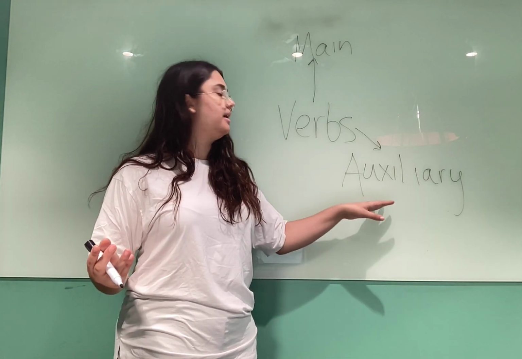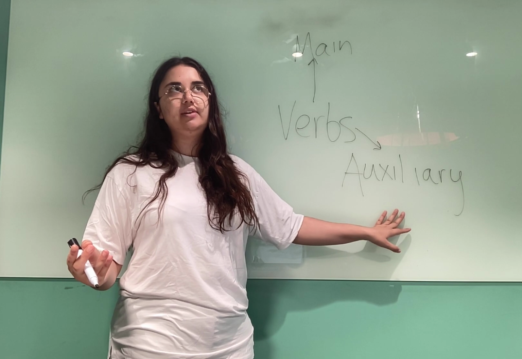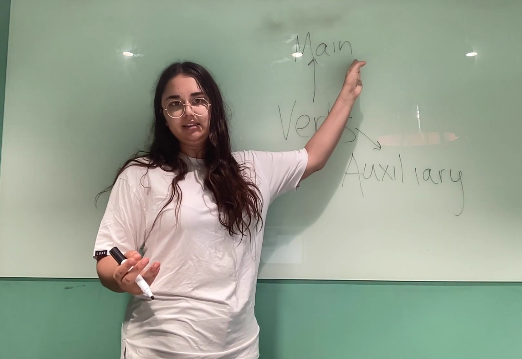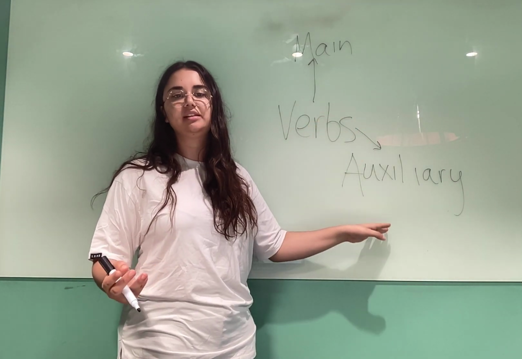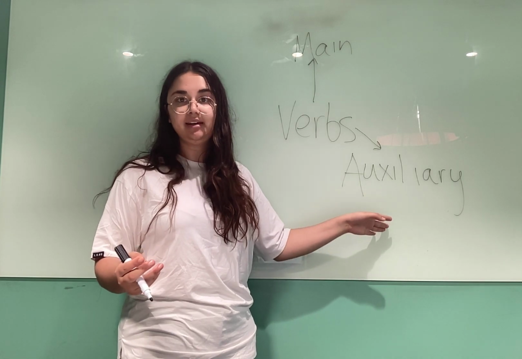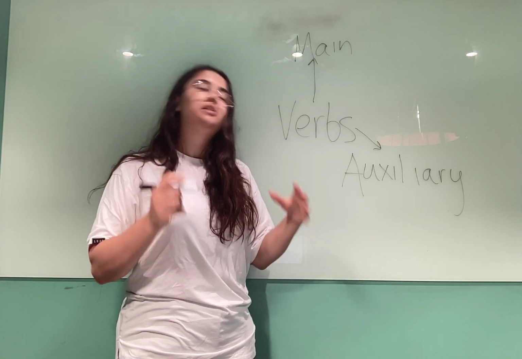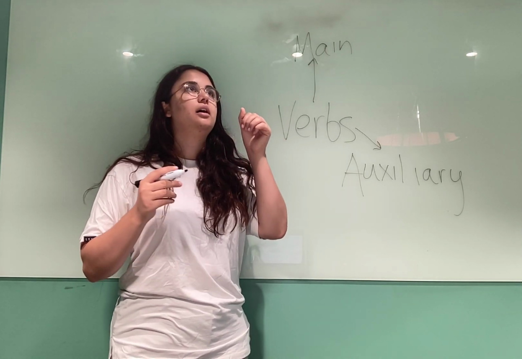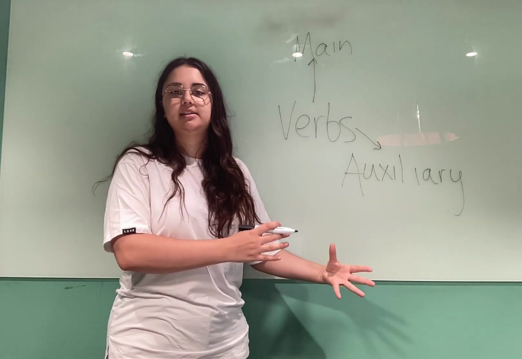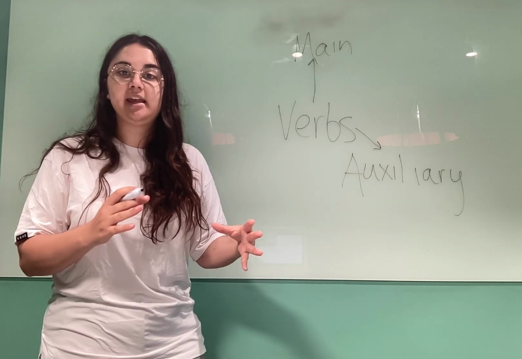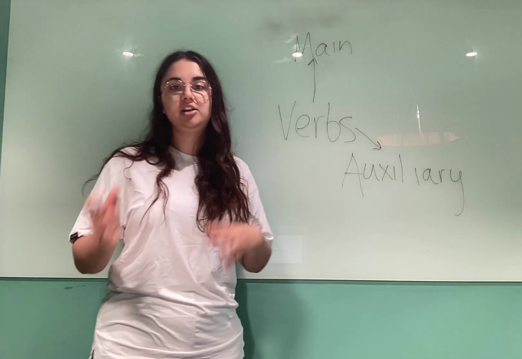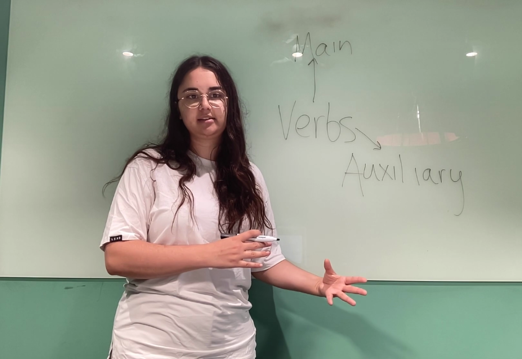So, for example, if we take the main verb dance, we can add the auxiliary has been and change it to dancing. So, for example, Maddie has been dancing. We use has been, which is an auxiliary, to change the main verb dance.